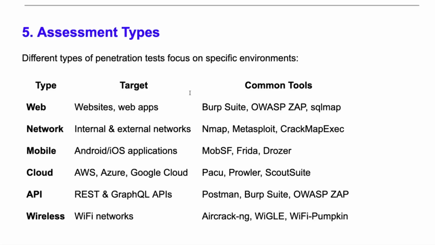There's the web type, which has to do with websites and web applications. The tools we would use for that would be Burp Suite, the OWASP ZAP tool, SQLmap, things along those lines.